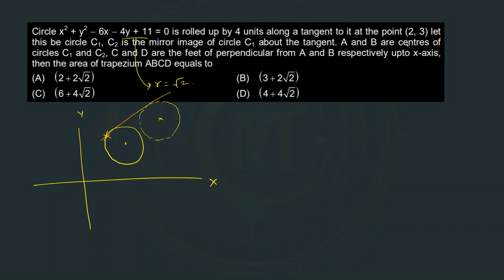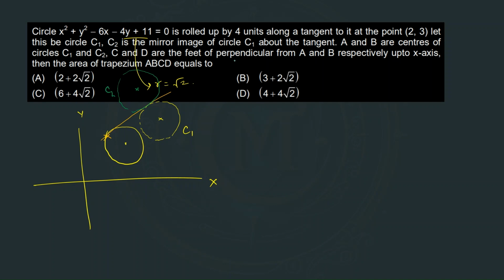Now the question says, let this be circle C1. The mirror image of circle C1 about that tangent will be like this. So this is circle C2.